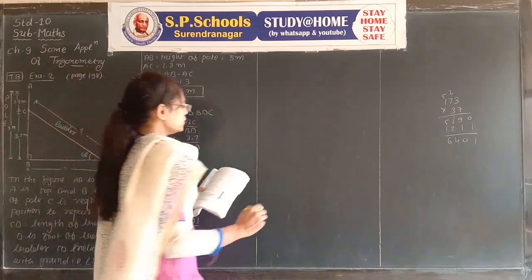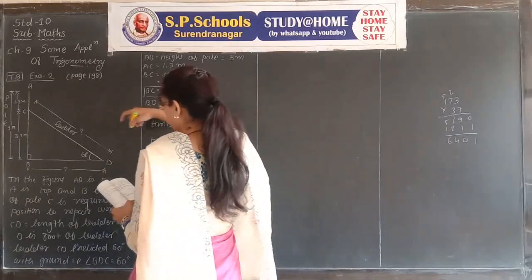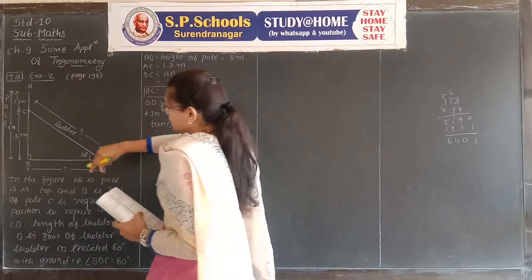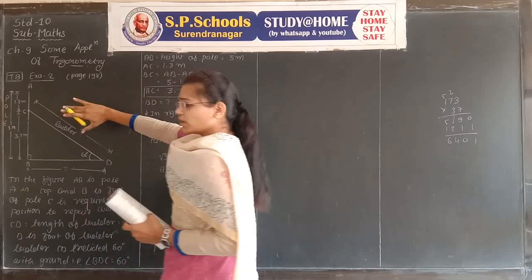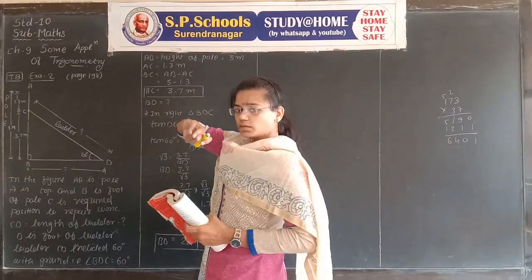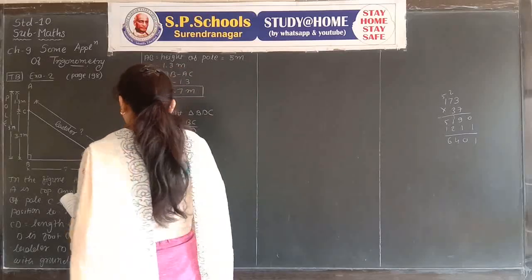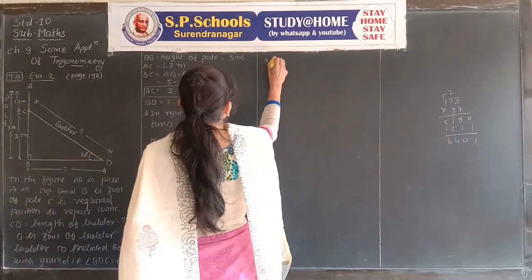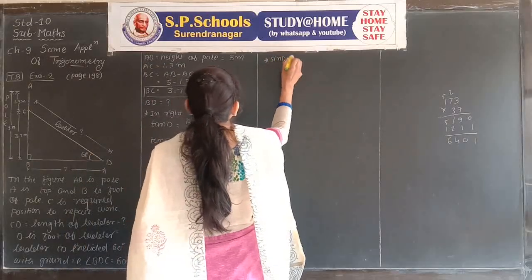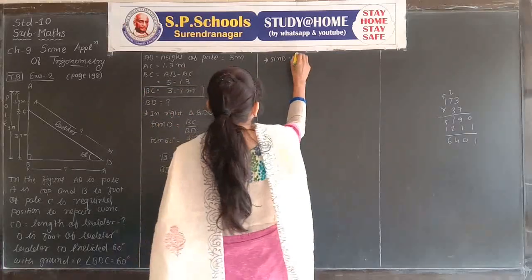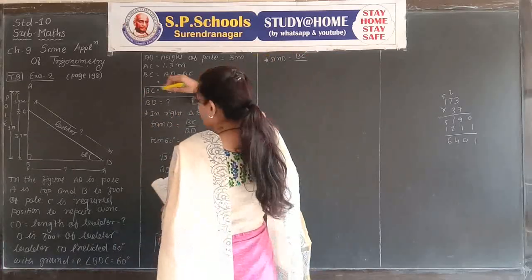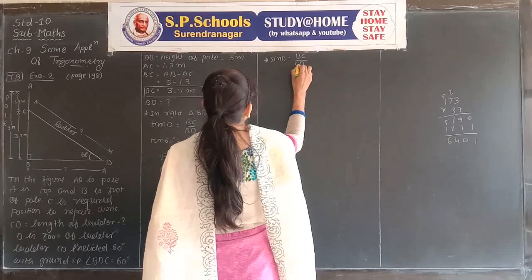Now, to find the length of the ladder CD, use another trigonometric ratio involving the hypotenuse, so use sine, cos, sec or cosec. We use sine here. Sine D is equal to opposite BC upon hypotenuse CD.